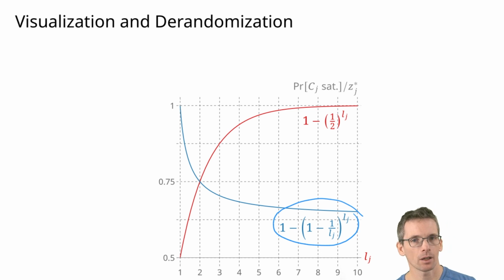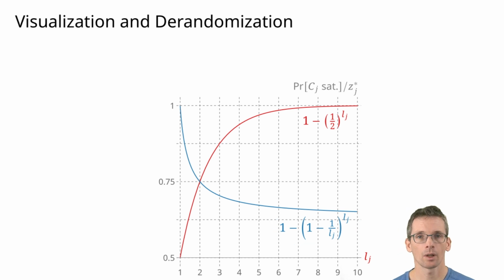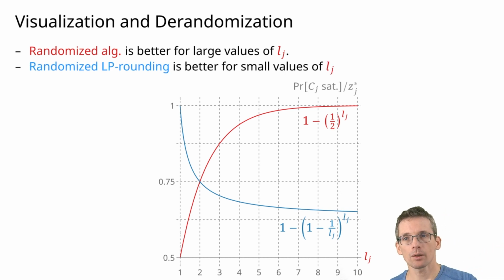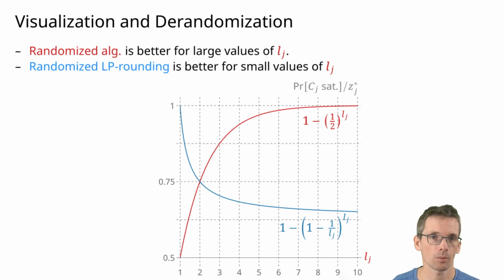So there, this gets worse if I have many literals in the clause. So what we see is that the randomized algorithm is actually better for a larger number of literals in a clause, while the randomized LP rounding is better for a small value of Lj, the number of literals.